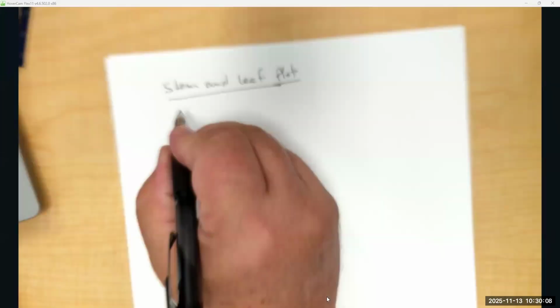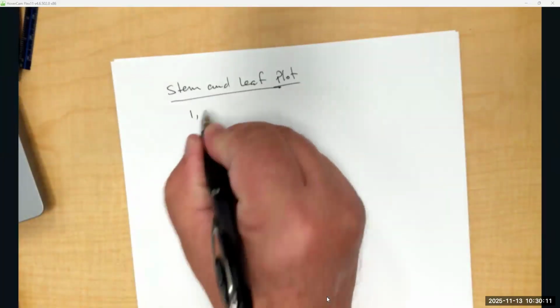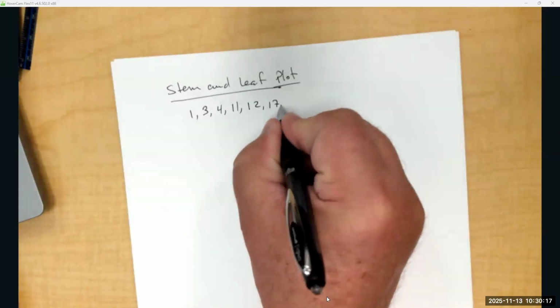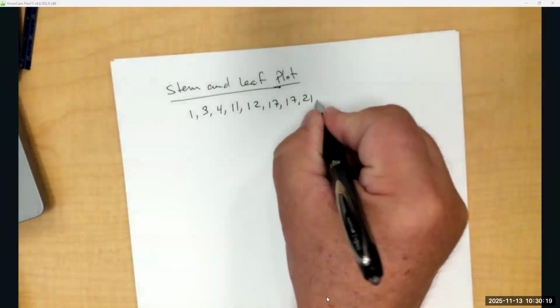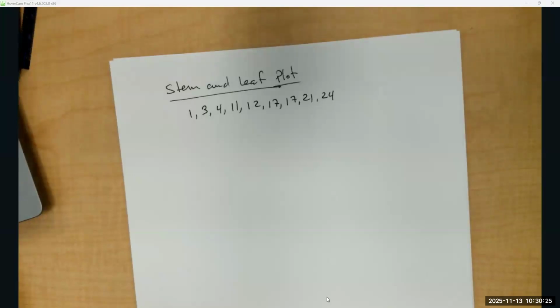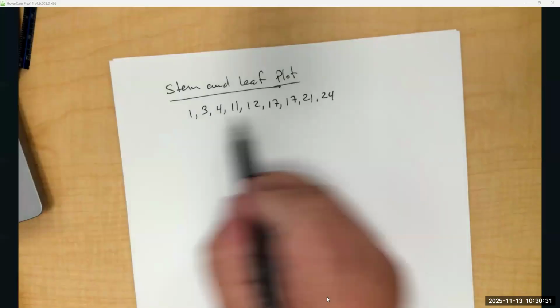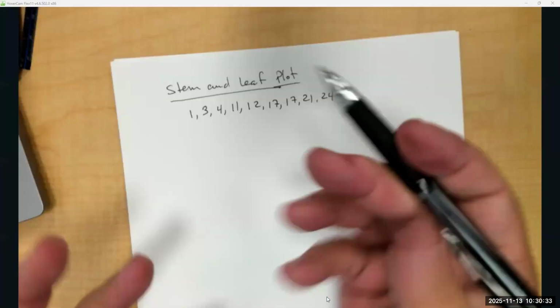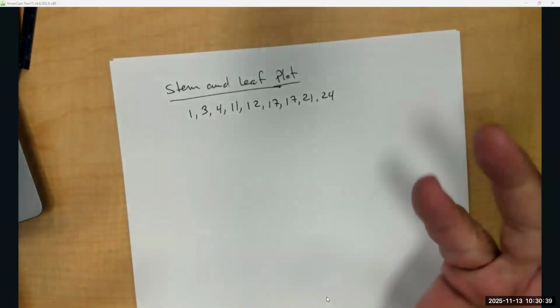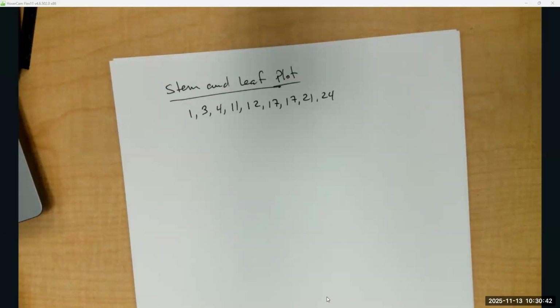Stem and leaf plot. We have this data. The way you use a stem and leaf is, first off, how many numbers do we have in each number?